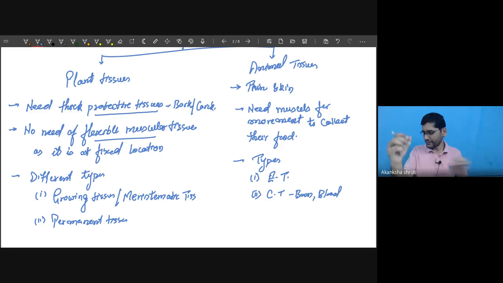Even for connecting two bones so that one bone can move over the other, there are cartilage and tendons. Those things we will learn later. So the tendon binds the muscle with the bone.